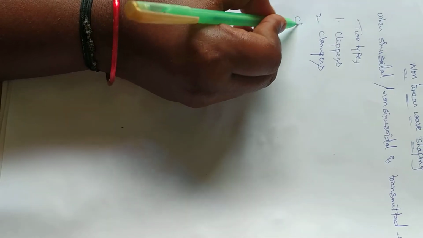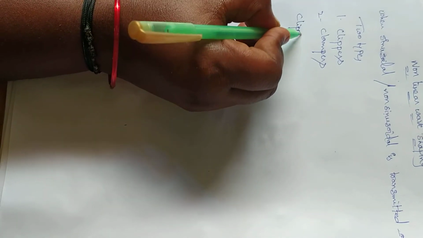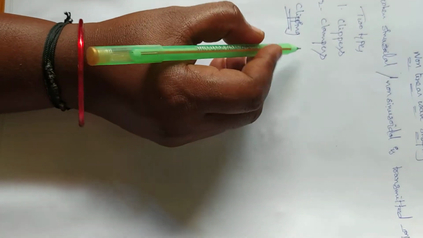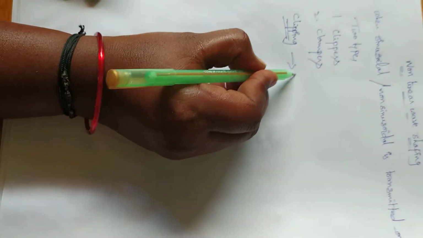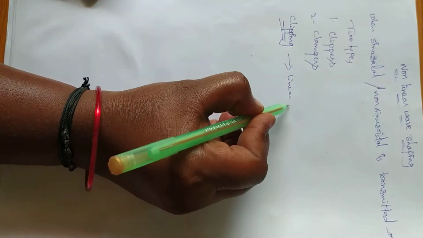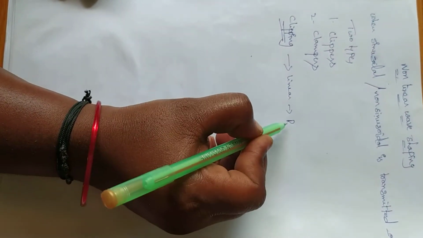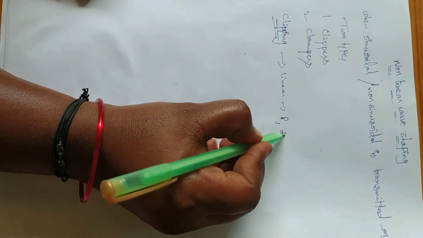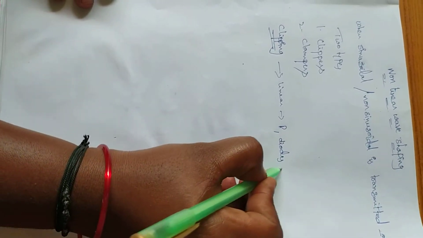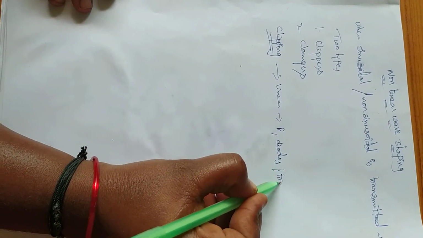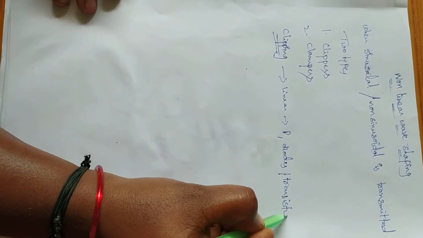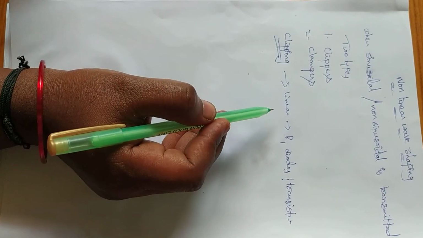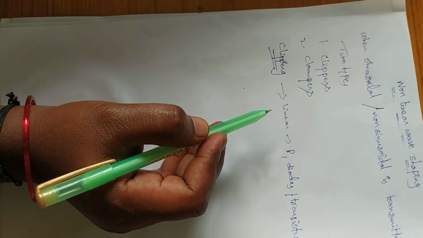A clipping circuit is made up of linear elements like resistors and non-linear elements like diodes or transistors.